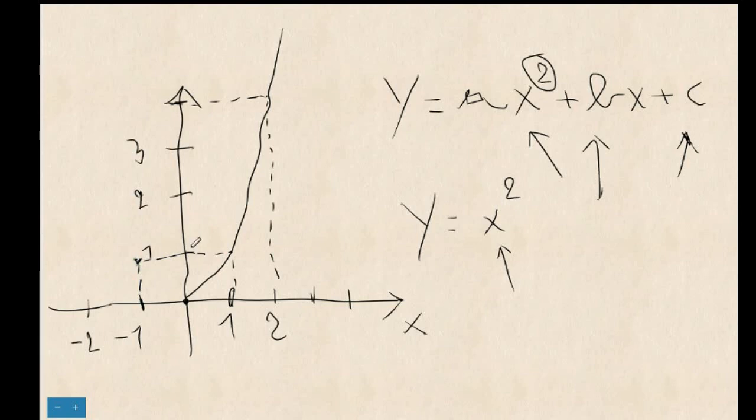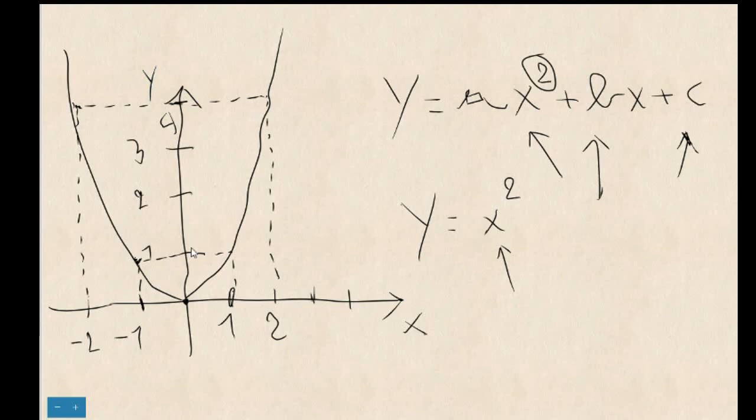So what happens when x is equal to -2? -2 times -2 will go up here, 4. So this tells us something interesting, that our function is symmetric with respect to the y-axis.